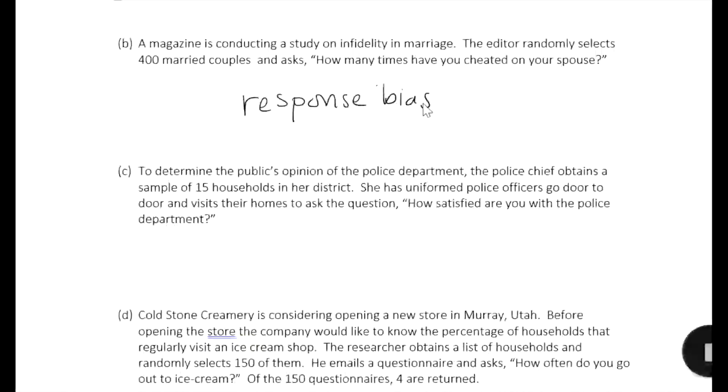If a uniformed police officer asks you how satisfied you are with police, you may not answer as honestly as you would otherwise. There could be a fear of reprisal if you answer that you were not satisfied with the police, if there's a uniformed police officer at your house, right? So there is this potential fear of reprisal because of how the question is being asked. And so the answers that are given may not be accurate opinions of the respondents. So this is another response bias.